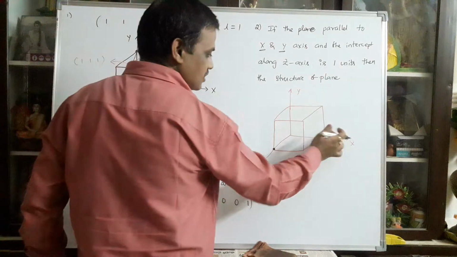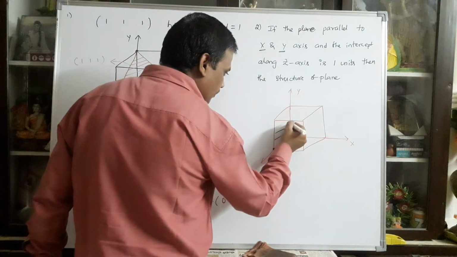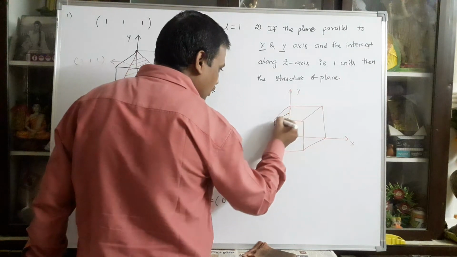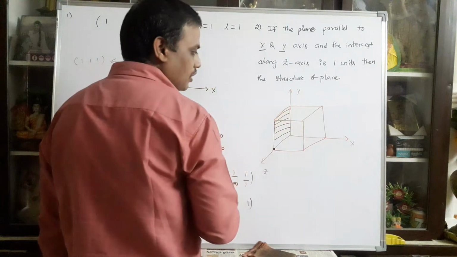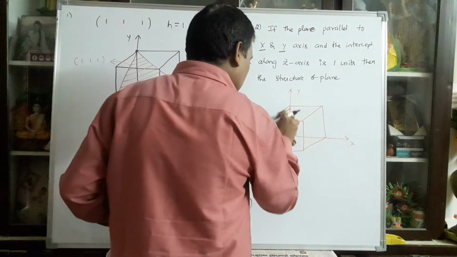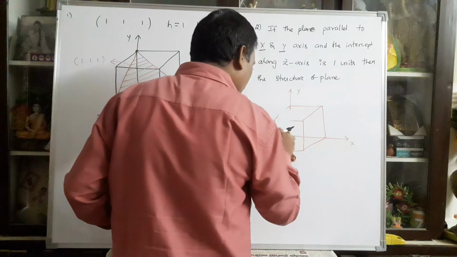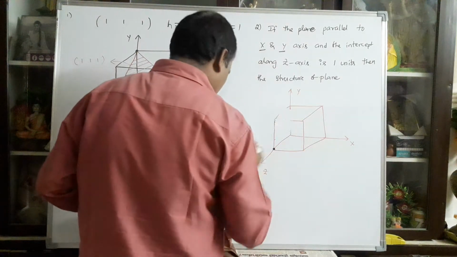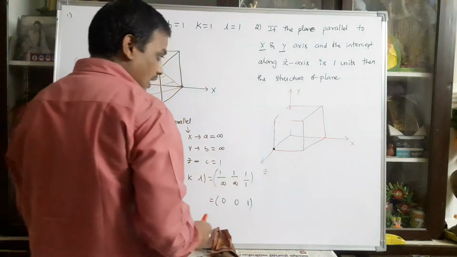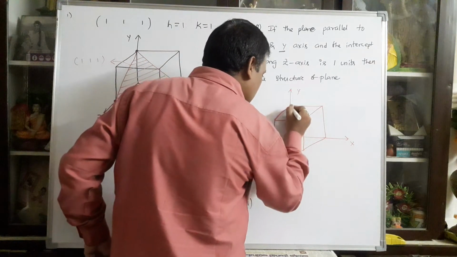So this is the x axis. You can draw the plane like this, on the left side face. This plane does not touch both the x and y axis.